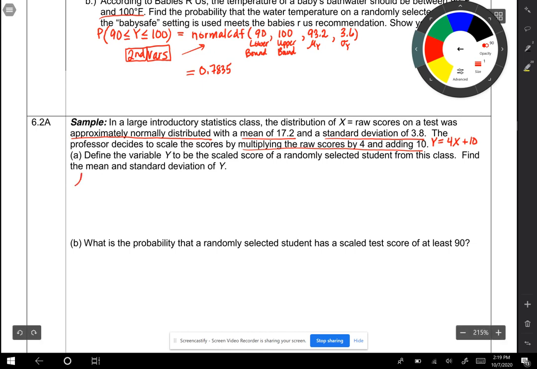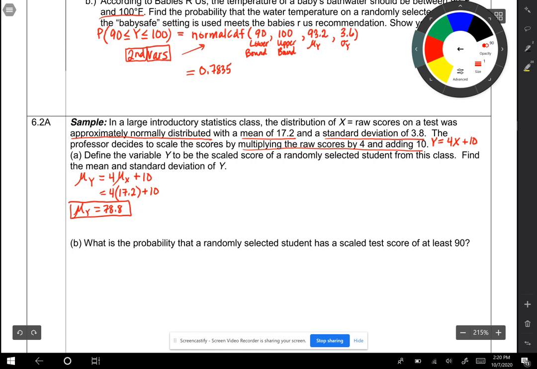So the mean of y is equal to 4 times the mean of x plus 10. And so that would be 4 times the mean of x, which was 17.2, plus 10. And so the mean of y is equal to 78.8.